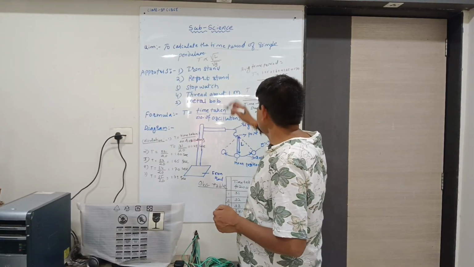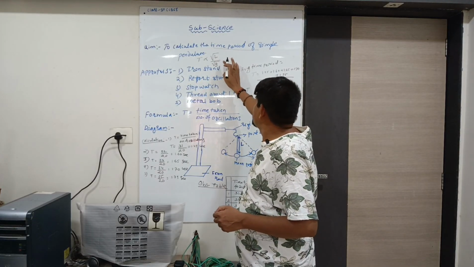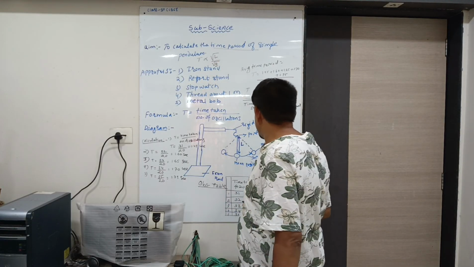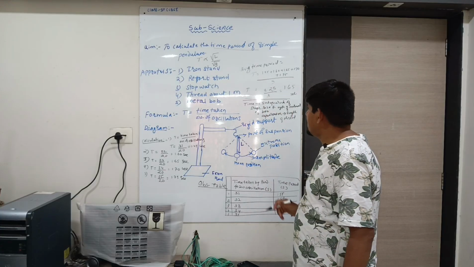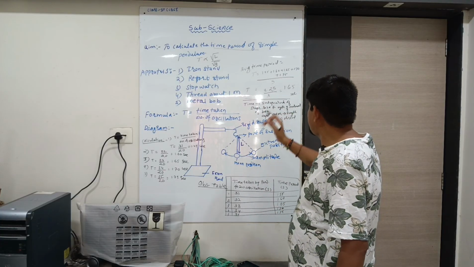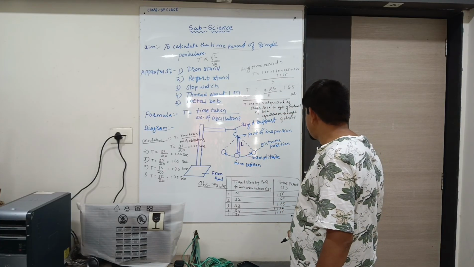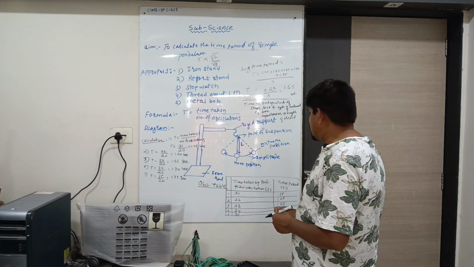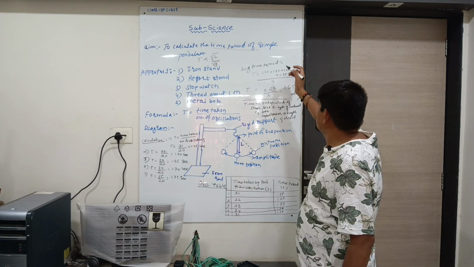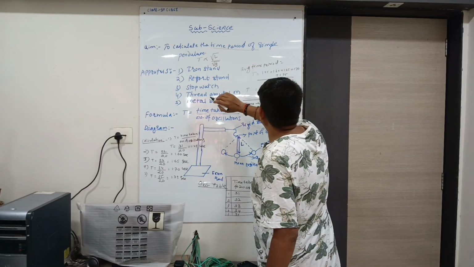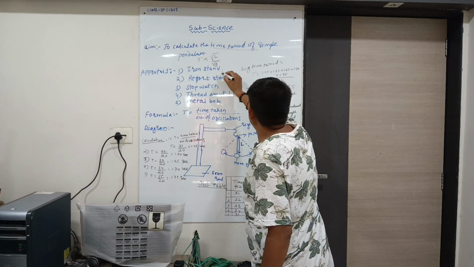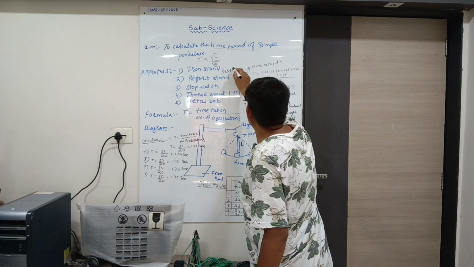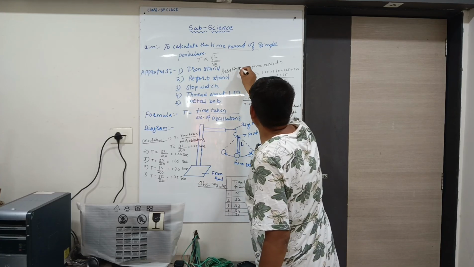So these are the observations and these are the time periods we calculated here. And next is the result. What result are we getting here?